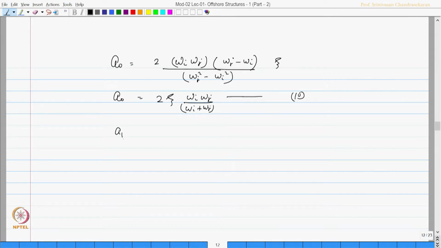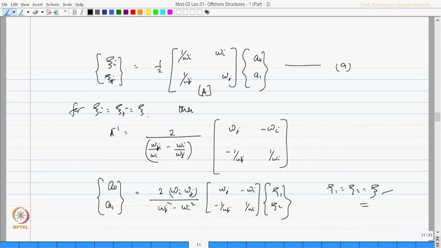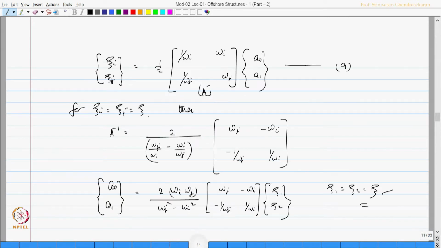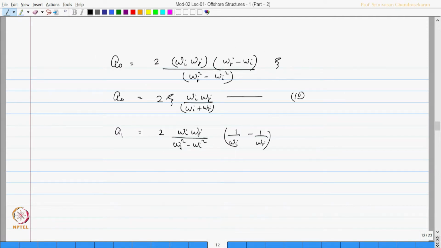Similarly, reading from the second row of this equation, A1 will be equal to twice of omega i omega j by omega j square minus omega i square of 1 by omega i minus 1 by omega j, because this omega j is negative.